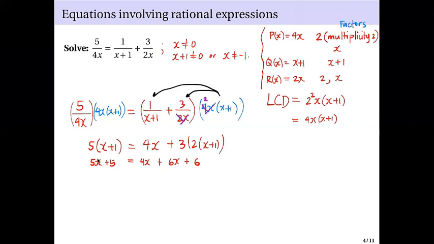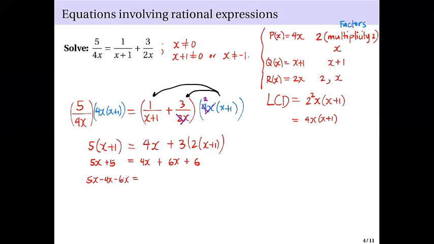So what we're going to do now is to move all the x's to the left-hand side of the equation and all the constants to the right-hand side of the equation. So in here, we have 5x minus 4x minus 6x.